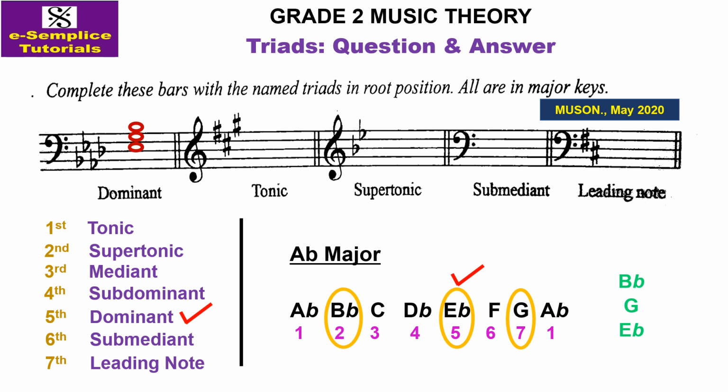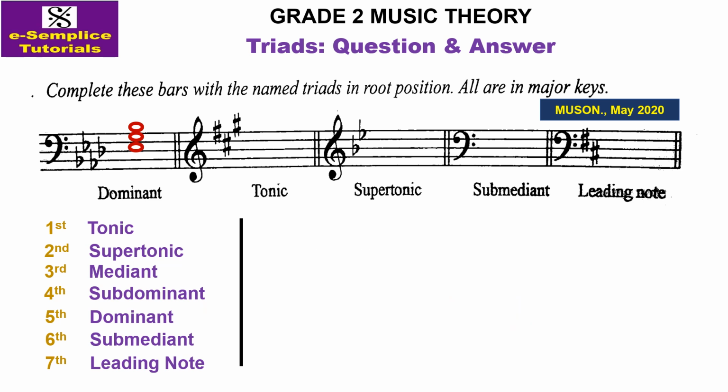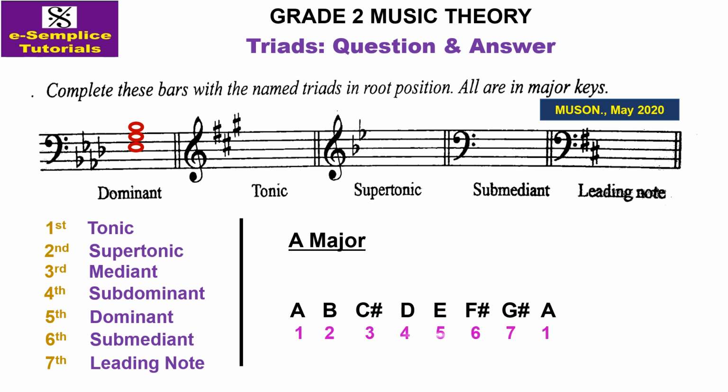triad. This will be very easy because we are already very used to tonic triads from grade 1. Now a key of 3 sharps is A major. Remember, all the keys we are working with are major keys. A major, as usual, write out the notes in A major scale, the degrees of the scale.